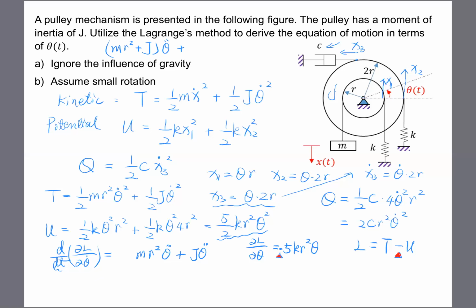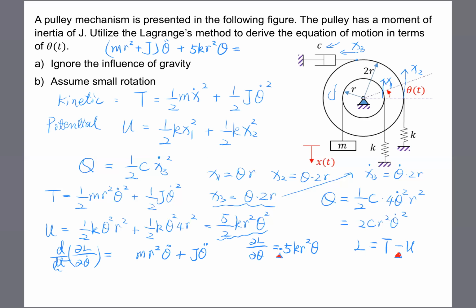The reason I noticed this mistake is that without this negative sign, I might have a negative coefficient in front of the theta term. In that case, your system becomes unstable. But from this physical system, we can easily tell it should be a stable system. That's another way to quickly identify an error in your solution. So we have 5k r squared theta.